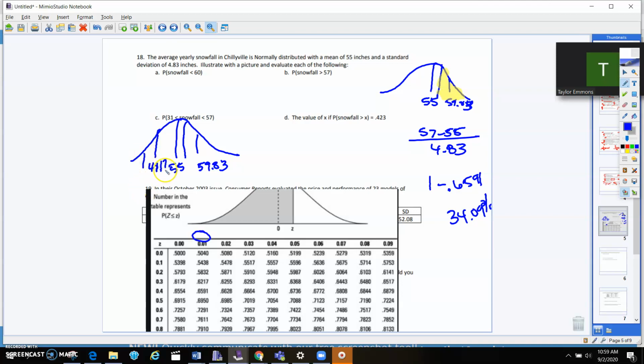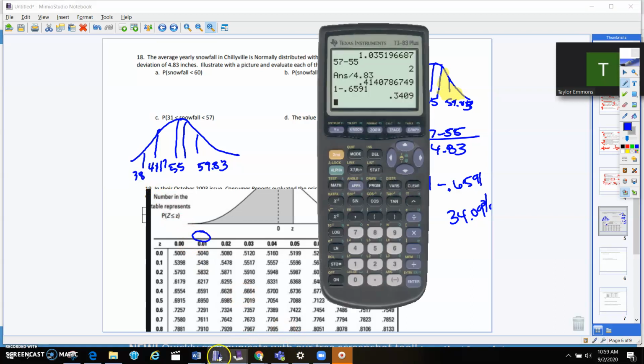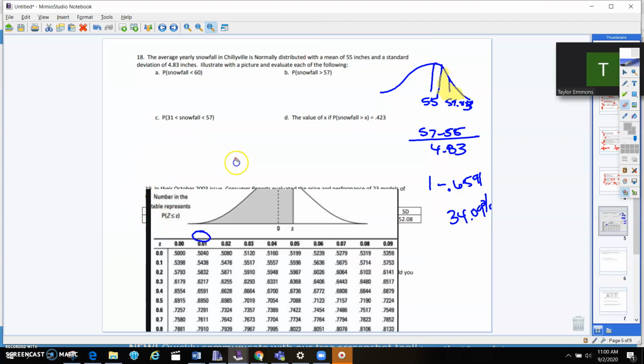So we're going to take 55 minus 4.83, and that's going to give us 50.17. I'm sorry for writing that incorrectly.